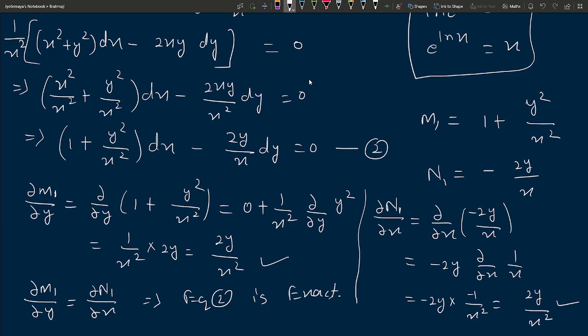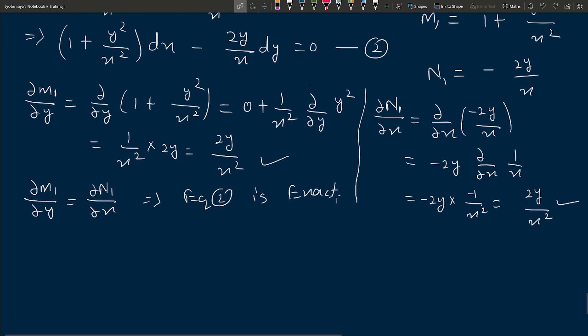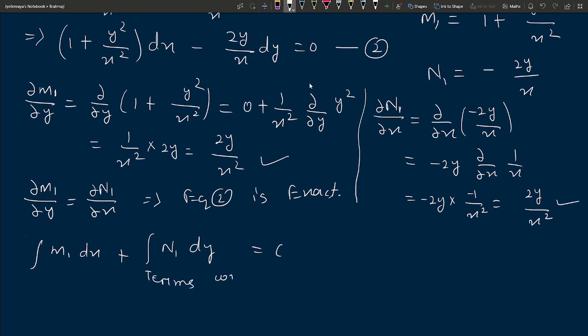And you know how to solve exact differential equations. Integration of m1 dx plus integration of the terms of n1 without x dy is equal to c, treating y as constant.